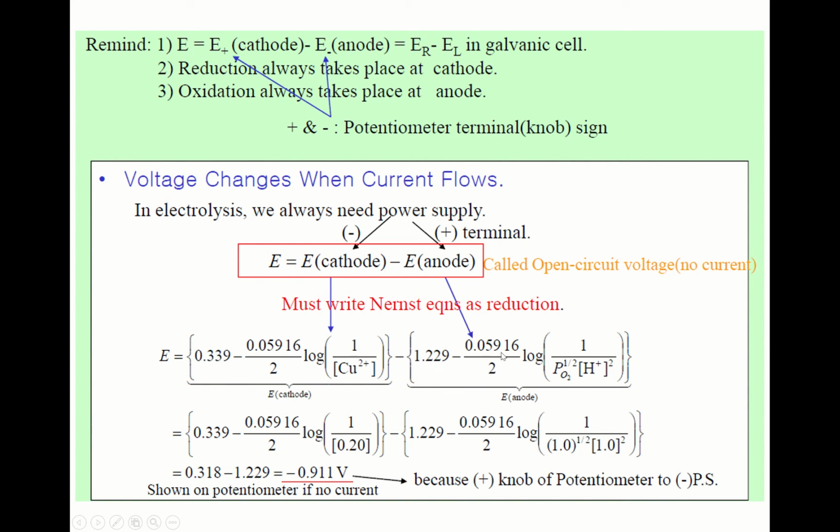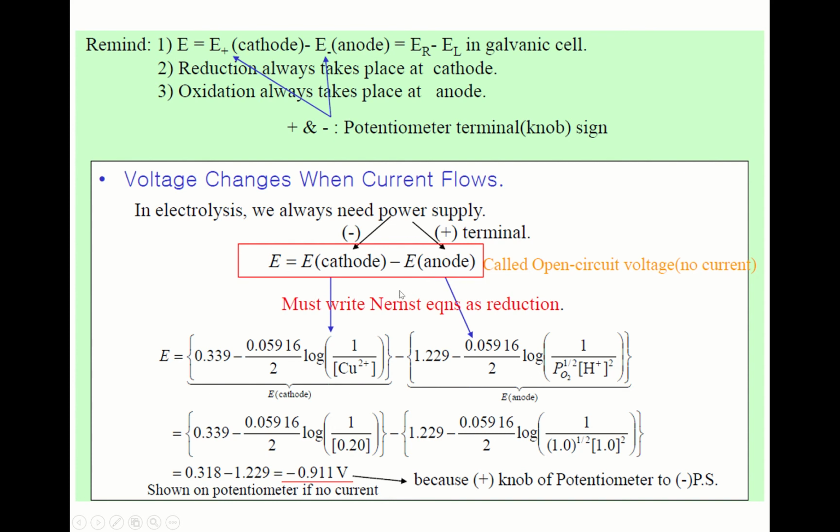If we take two electrons, the 1/2 oxygen gas and hydrogen concentration are squared. This is the Nernst equation for the anode reaction.